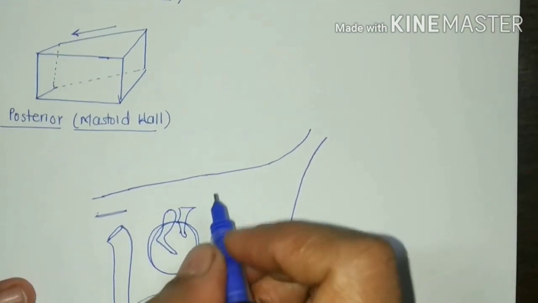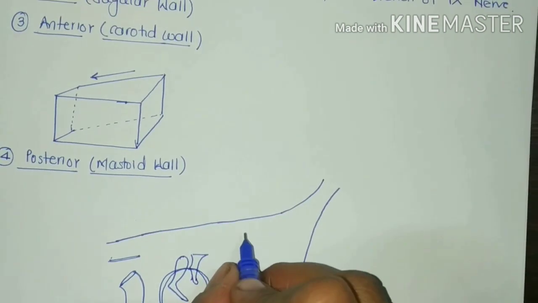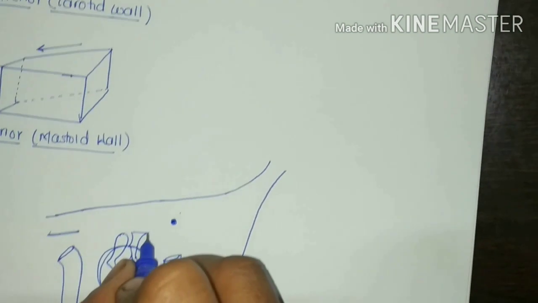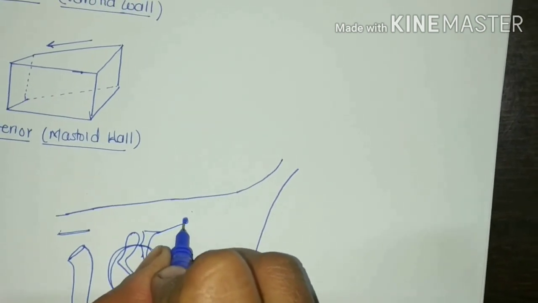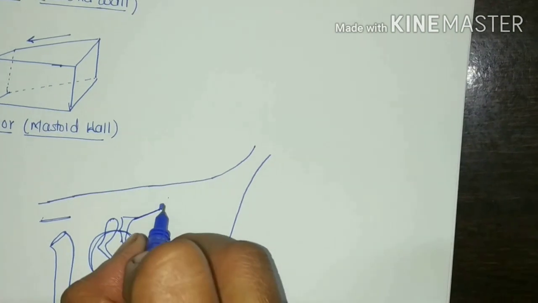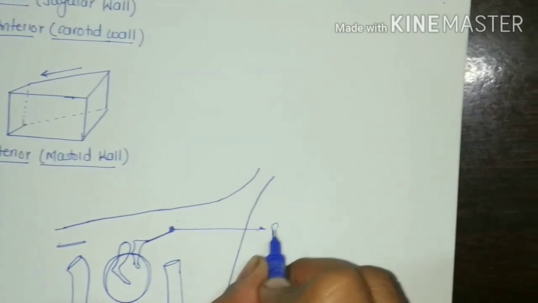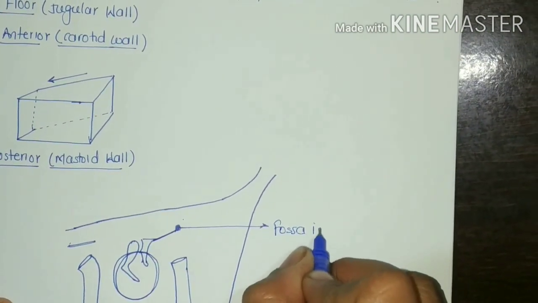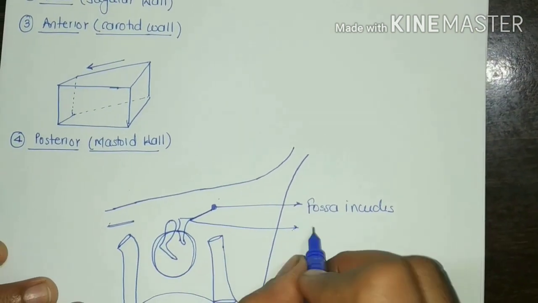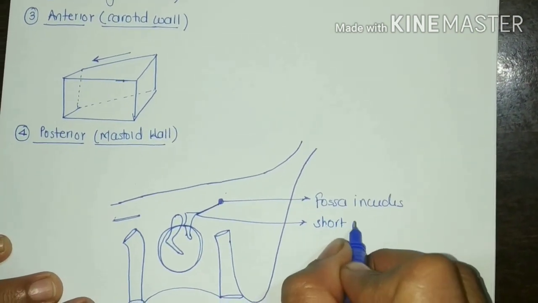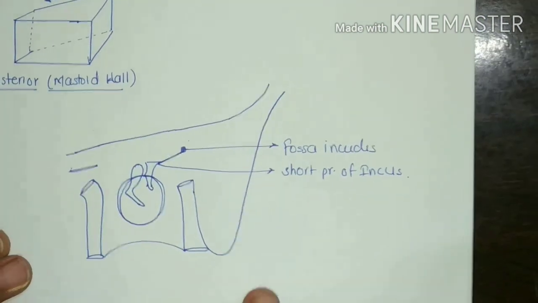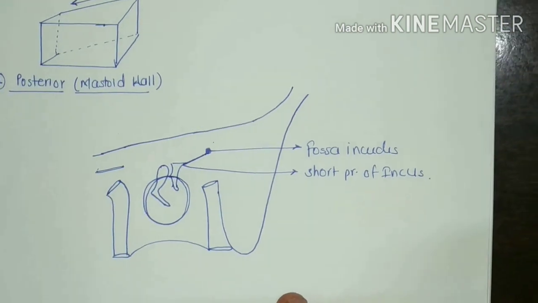Now the fossa incudis is a depression present over here, and it is attached to the short process of the incus by means of a ligament. So this is the fossa incudis and this is the short process of the incus. Clear? Details of the ear ossicles we are going to see later on.